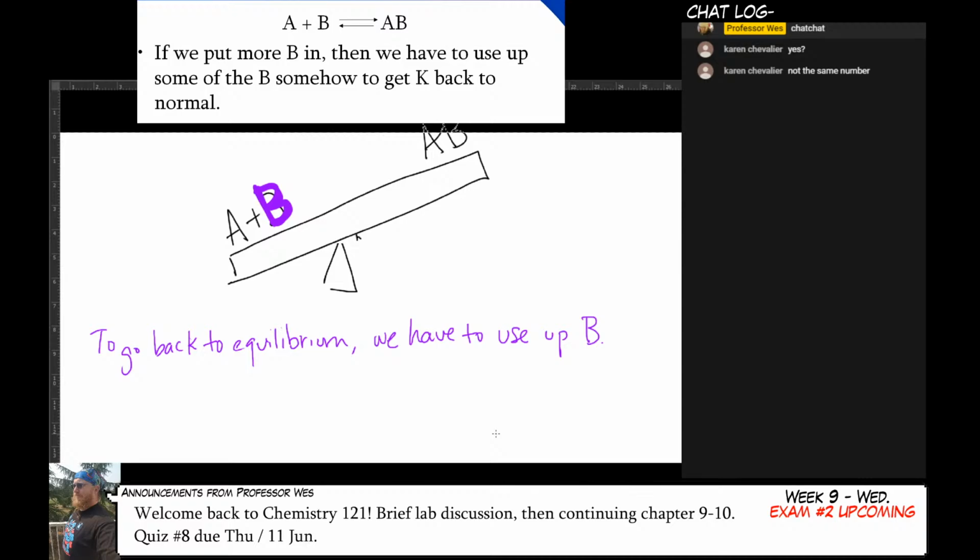In order to go back to equilibrium, I had to use up some of that B that I added. So that's our first thing.